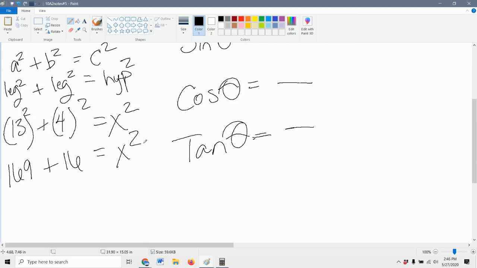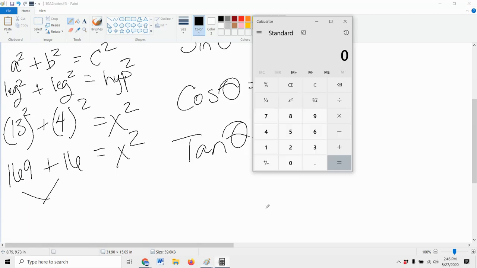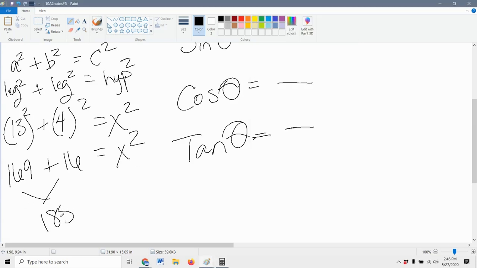And then we're equal to X squared. We're going to add these two together. 169 plus 16 gives us 185. In order to find the side length, we need X, so we need to take the square root of both sides. That gives us the square root of 185 is equal to X.